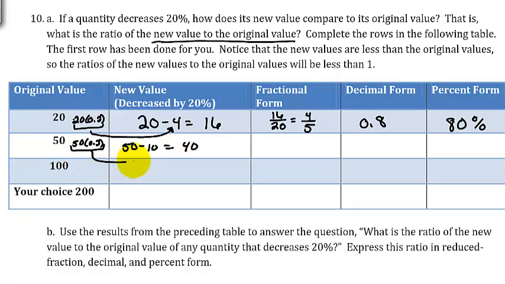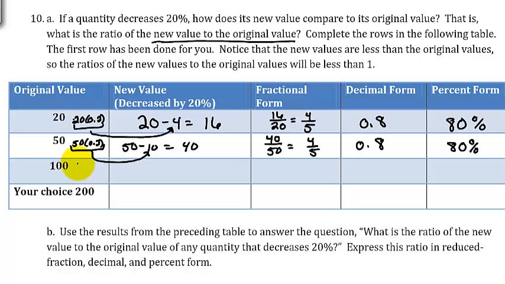And again, this is how we calculate this $10. And so the new value to the original would be 40 over 50, which again reduces down to 4/5. As a decimal, it's going to be 0.8, and that decimal converted to a percent is 80%.